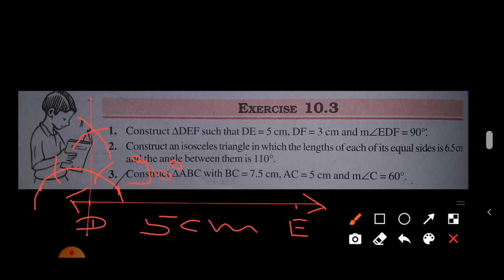90 degree. Now we open our rounder 3 centimeter, and from the point D we draw one arc on this perpendicular at the distance of 3 centimeter, because we opened our rounder 3 centimeter. So now this is the arc of 3 centimeter, and by intersecting this perpendicular by this arc we get the point F. The distance between D and F is what?